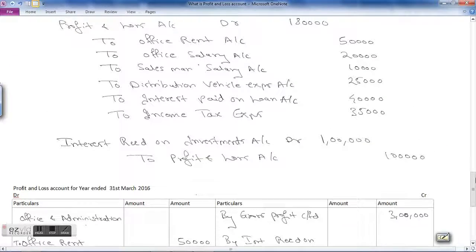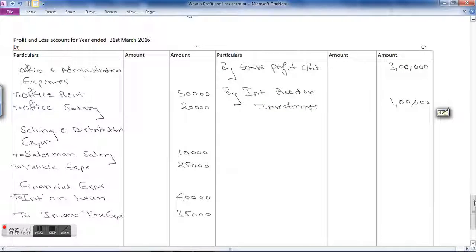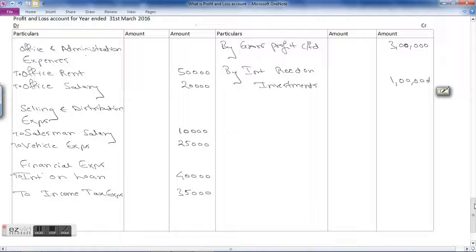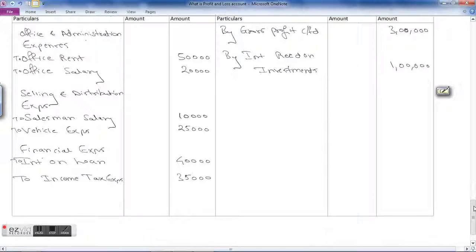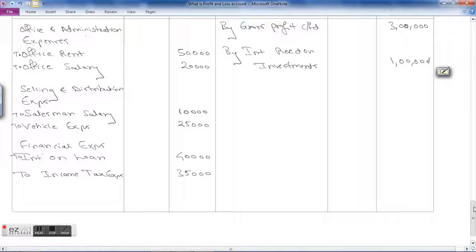Now the credit side total is 3 lakh plus 1 lakh, that is 4 lakh. Debit side total is 50,000 plus 20,000, that is 70,000, plus 10,000, 80,000. 80,000 plus 25,000, 1 lakh 5,000. 1 lakh 5,000 plus 40,000, that is 1 lakh 45,000. 1 lakh 45,000 plus 35,000, that is 1 lakh 80,000.